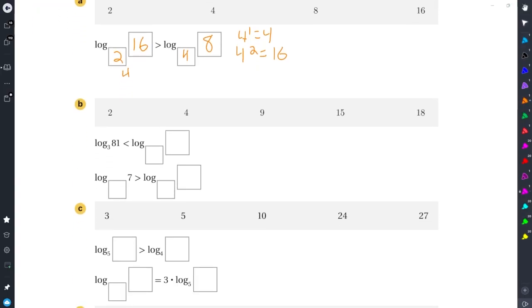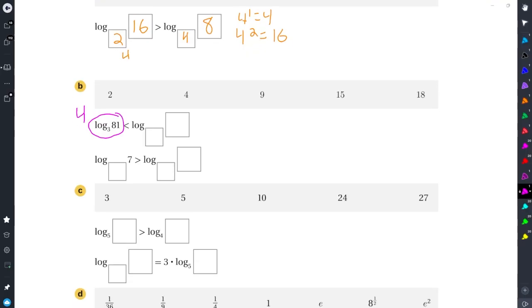Then letter B, we have log base 3 of 81 is less than log base blank of blank. And then log base blank of 7 is greater than log base blank of blank. So firstly, this log right here: 3 raised to what power gives us 81? That's 4. 3 to the fourth power is 81. So I need to make the other side bigger than 4.